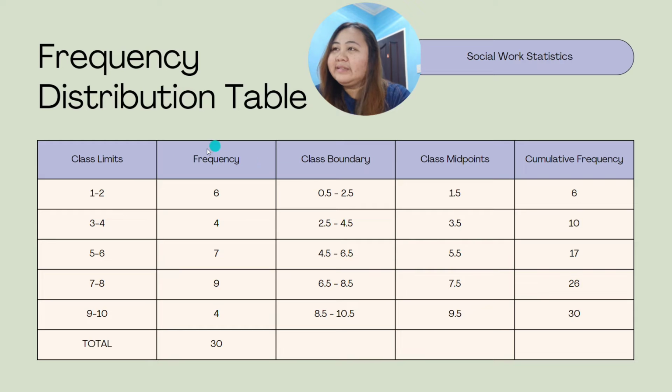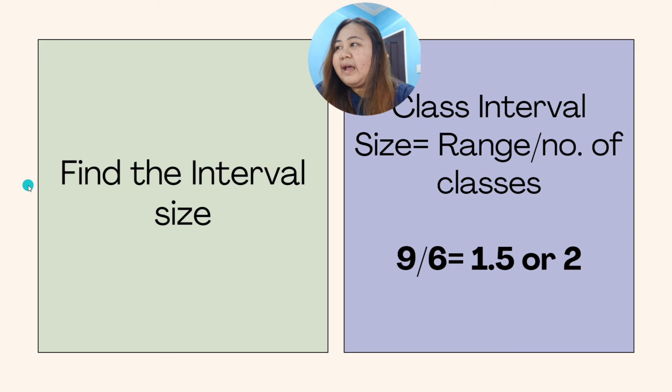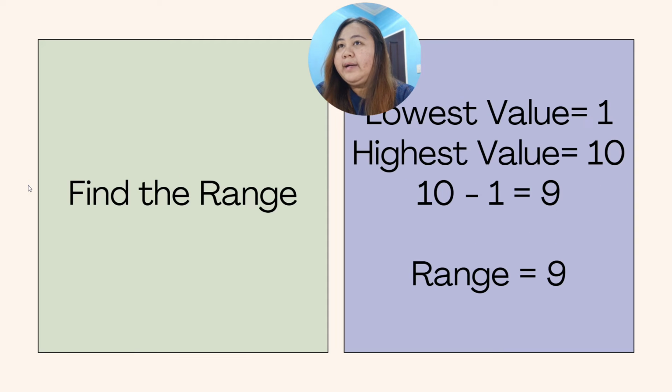So the next is this column, frequency. To get the frequency, always remember that it is how frequent the number shows. So in interval 1 to 2, let's look at the data.